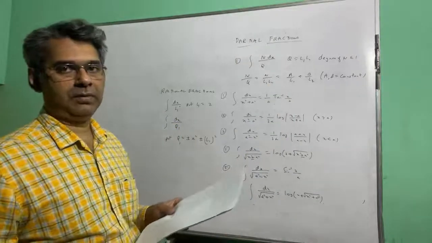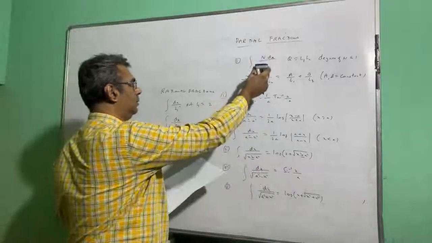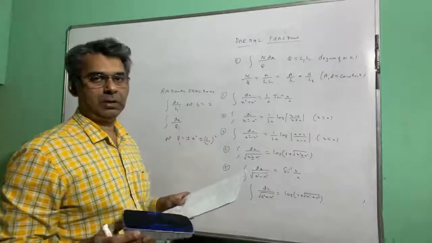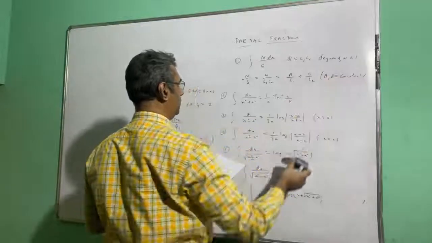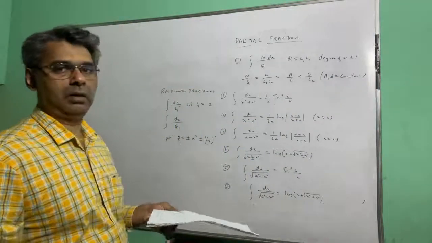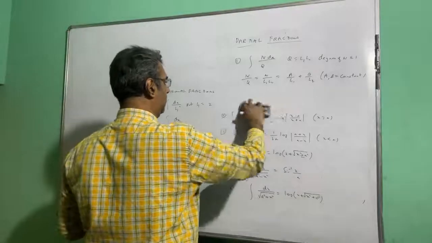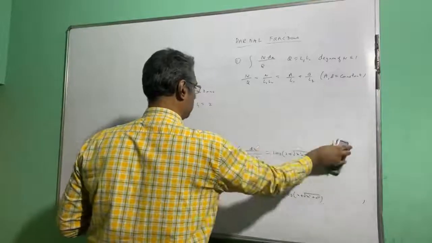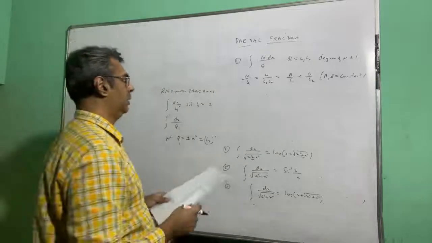So in partial fractions, the first method is that numerator by quadratic denominator, like numerator by product of two linear, and the degree of the numerator will be either linear or constant, right? So this is partial fractions technique number one.